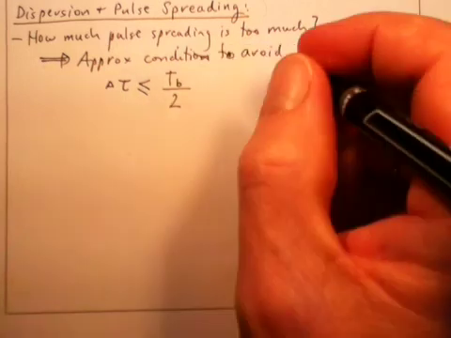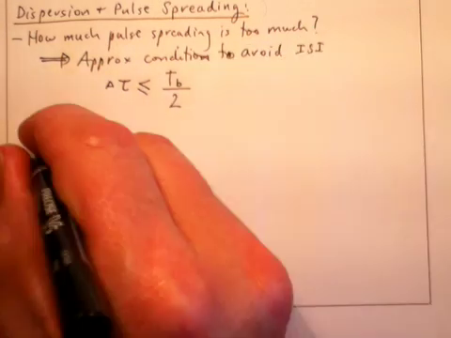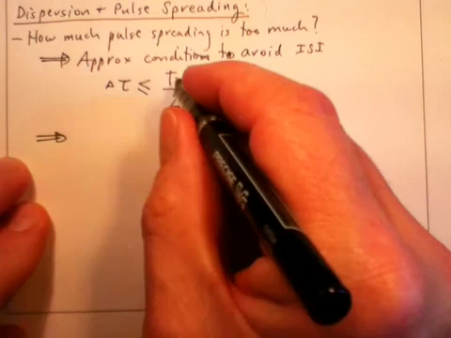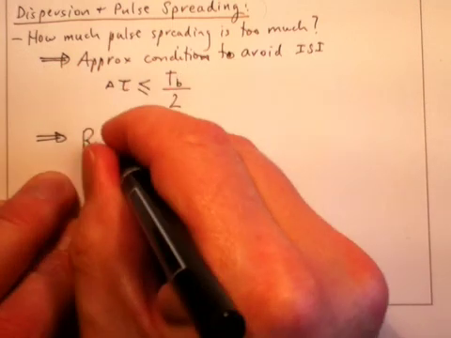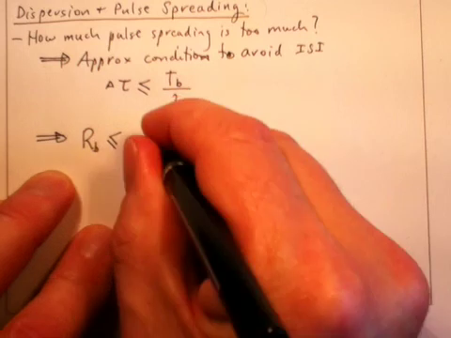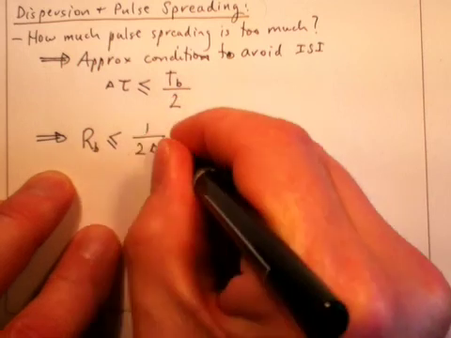Okay. In terms of the bit rate, which is the inverse of the bit period, the bit rate should be less than 1 over 2 delta tau.